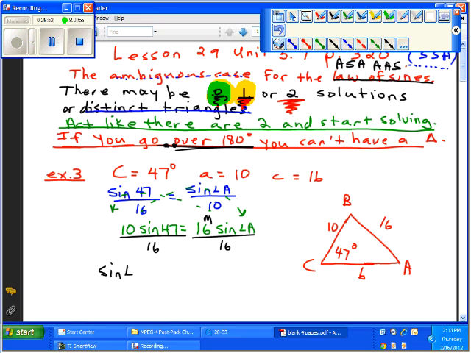And so we're going to have sine angle A equal, I'm going to leave some space, 10 sine 47 over 16. We need to undo the sine with its inverse, arc sine.